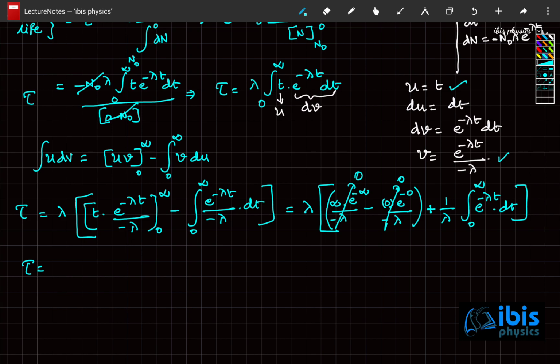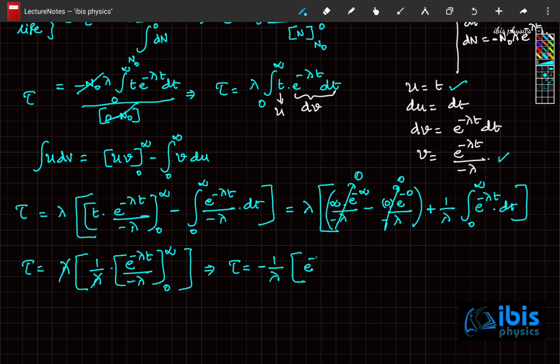Hence the mean life of a radioactive sample, lambda into 1 by lambda into integral e power minus lambda t dt, e power minus lambda t by minus lambda, we have to integrate 0 to infinity. So this lambda and lambda will be cancelled, so we can take tau is equal to minus 1 by lambda out, e power minus lambda t 0 to infinity.